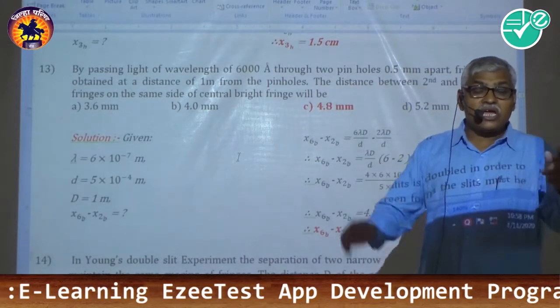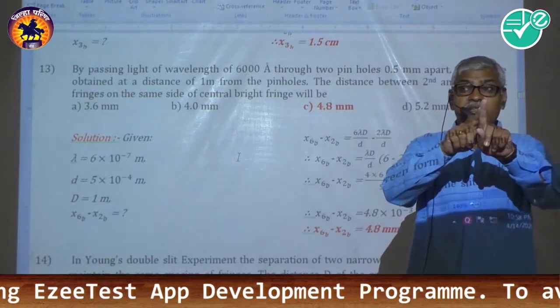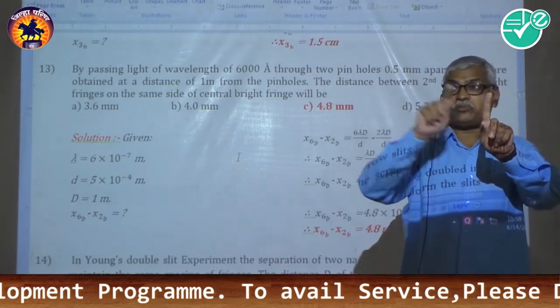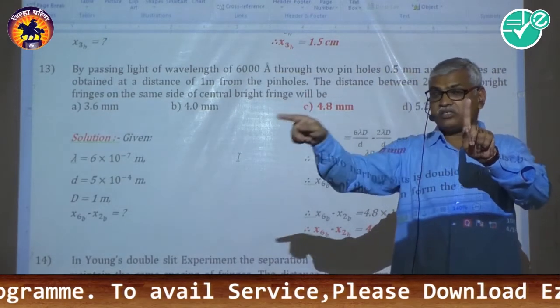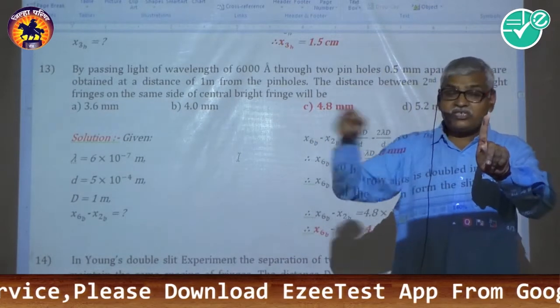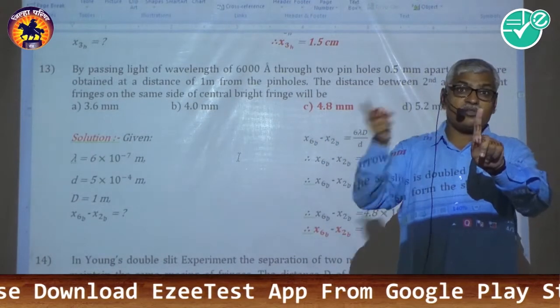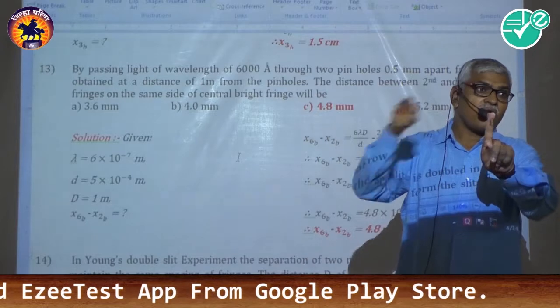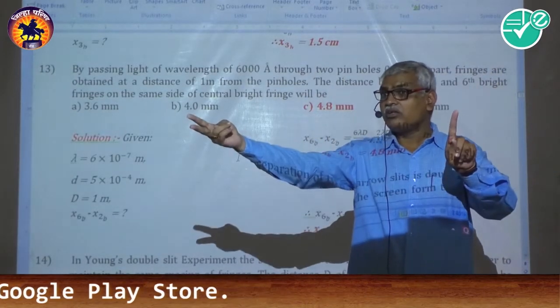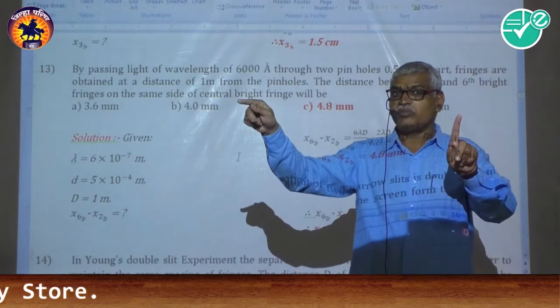If the fringes are on the opposite side of the central band, then we have to add these distances. Central to sixth bright, we have to calculate this distance, and to second bright, we have to calculate this distance. If the difference is asked, because the fringes are on the opposite side, then we have to add this distance. If the two bright fringes are on the same side, then we have to subtract them.